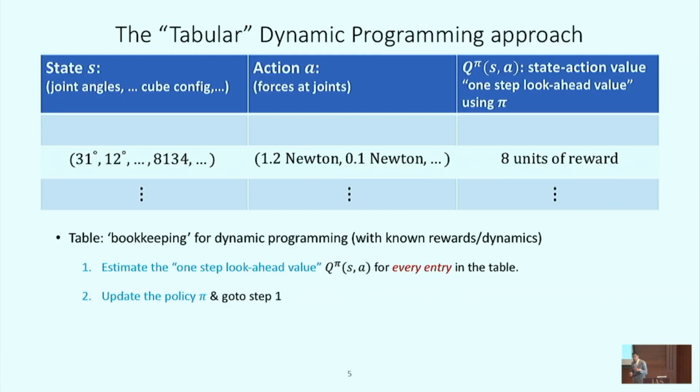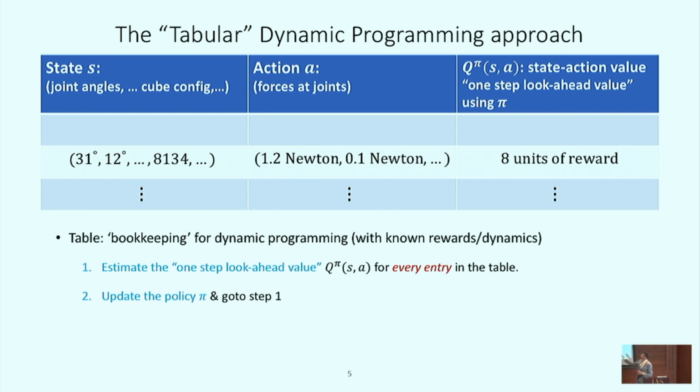Let's step back a moment and look at the classical solution for planning, and think about what this means for the problems we care about. The classical solution is this dynamic programming approach. Think about a very large table where the first column is the possible states in the world.